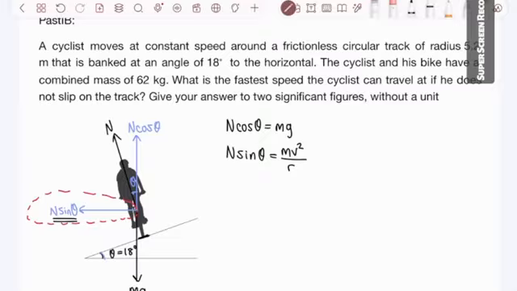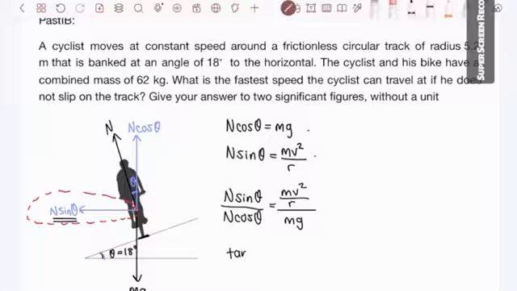And now from here, I could just make things easier by dividing these two together. N sine theta over n cosine theta equals mv squared over r over mg. And now from here, I could see that this turns into tangent theta, and the m's would cancel.